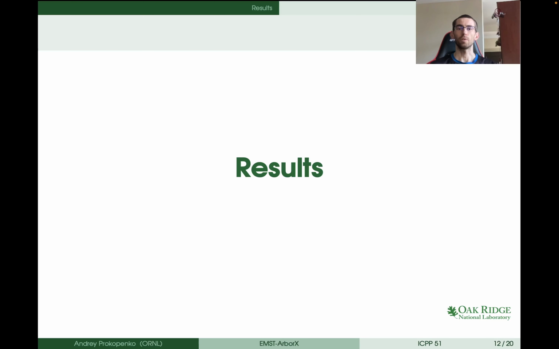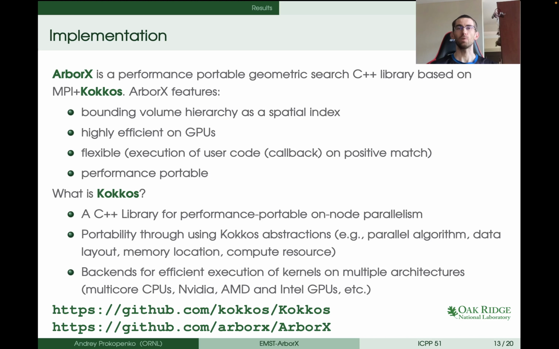So let us now demonstrate the effectiveness of our approach through some numerical results. First, we want to talk about the implementation. We implemented the proposed algorithm using ArborX library, which is a C++ library devoted to geometric search. It is based on the Kokkos library, which provides the performance portable on-node parallelism.